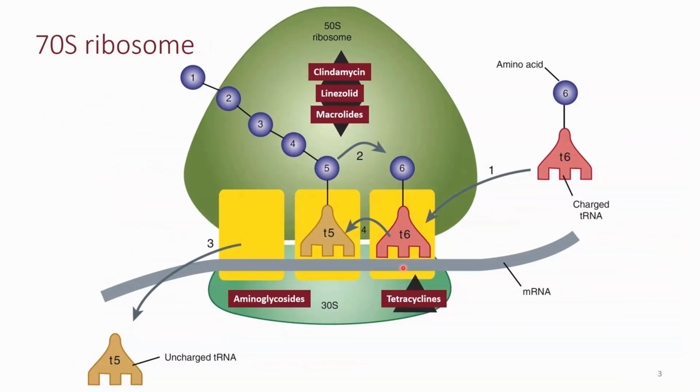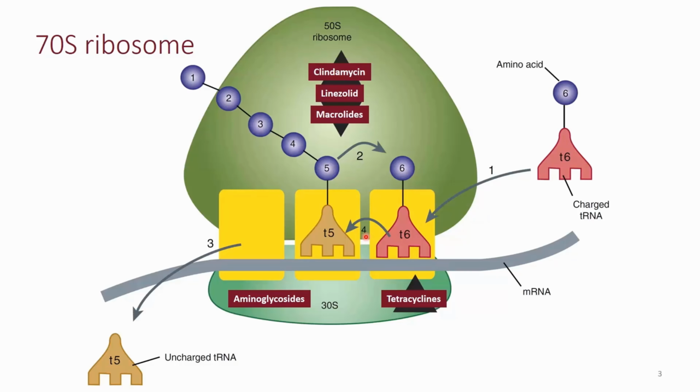In this picture, we're looking at the bacterial 70S ribosome, which consists of the 50S subunit and the 30S subunit. The 50S subunit and the 30S subunit come together around the mRNA, or messenger RNA, in the bacteria, and tRNAs carry an amino acid and bring it to the ribosome in order to start the translation process.